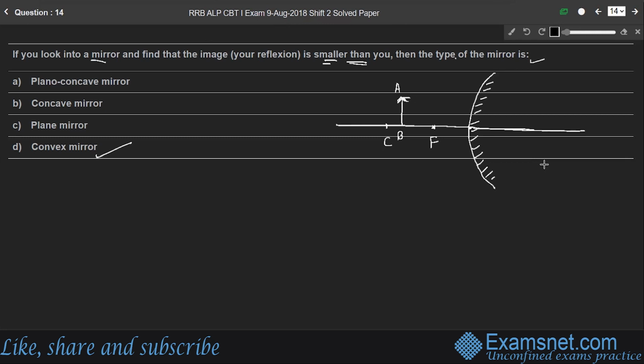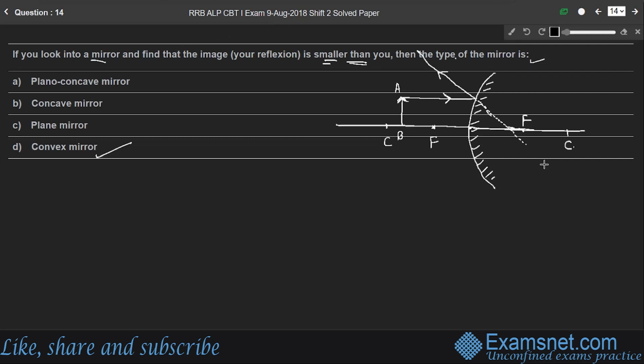An incident ray, when it is incident on the mirror, reflects back since it is a mirror. Its virtual ray, just imagine, passes through the mirror. On the other side of the mirror, we have the focus and center of curvature.